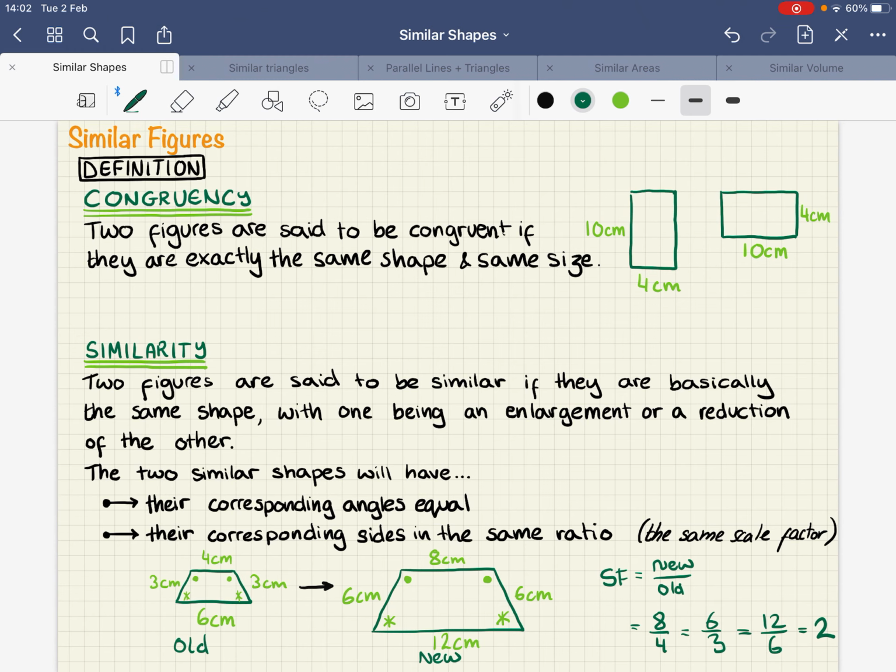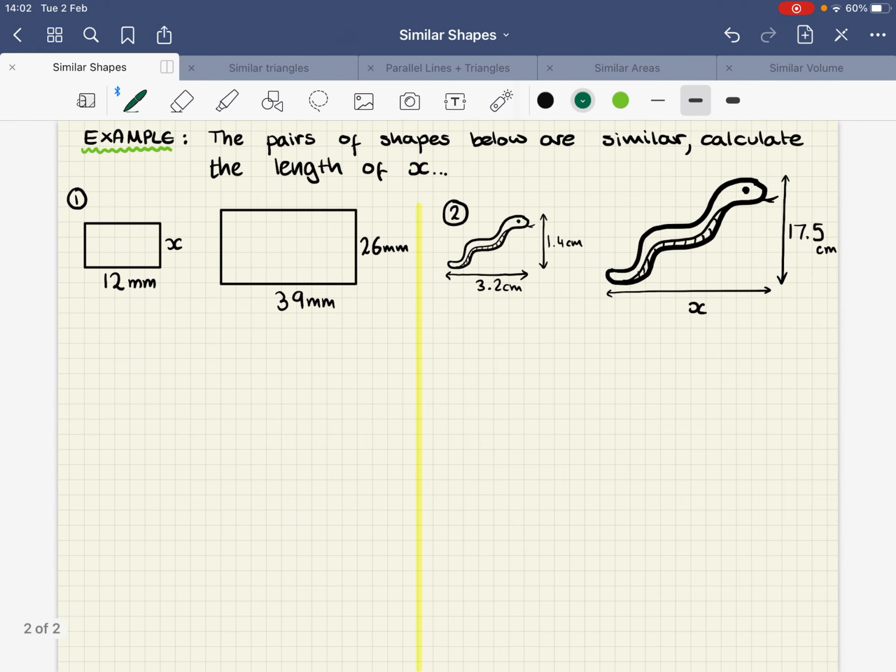So let's take a look at a few questions. So, example, the pairs of shapes below are similar. Calculate the length of x. So the first thing I need to do is identify the scale factor. So again, my scale factor is new over old. And your new shape is always the one that has the unknown. So that's got my x, so that's my new, which makes this my old. Then you will look to see what pairs of sides you know both the information for.